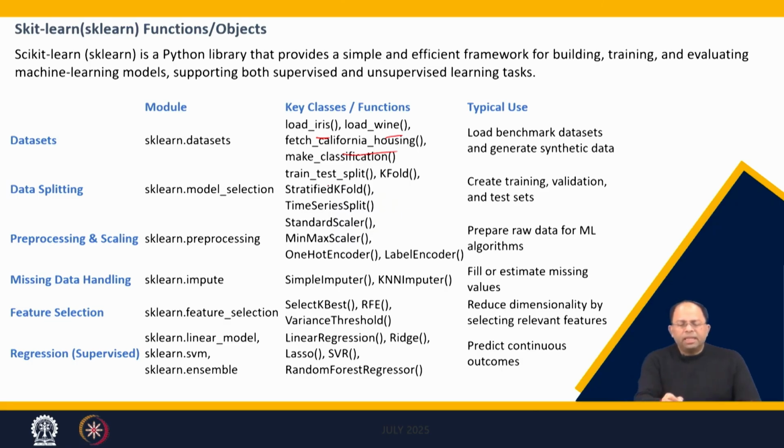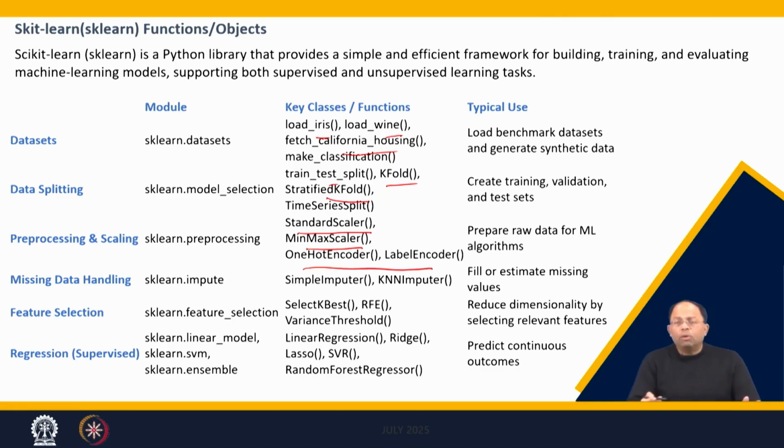Then there is train test split and k-fold. So these are validation techniques. And then we can do scaling, that is, standard scaler normalizes the data by either taking the z-score or the minimum maximum. Then stratified k-fold, that means we can divide the data into different groups, and then we can train the model on that. And then we can do minimum maximum scaler.